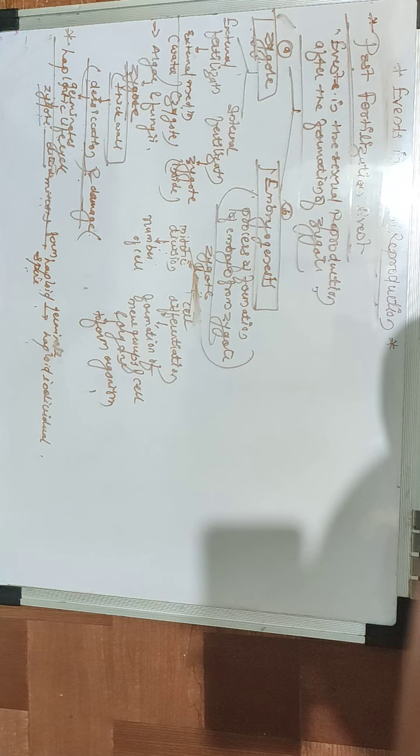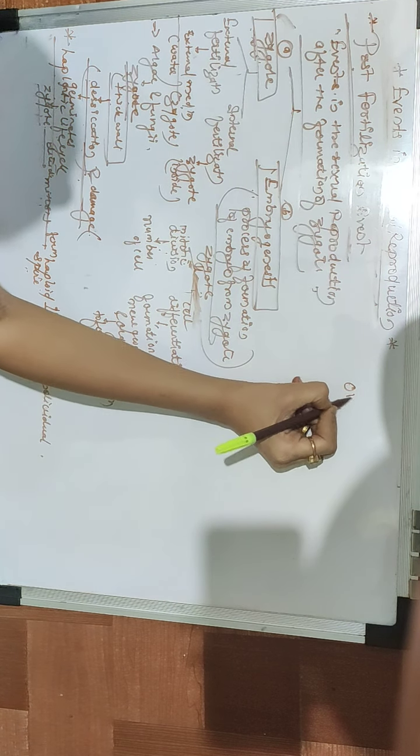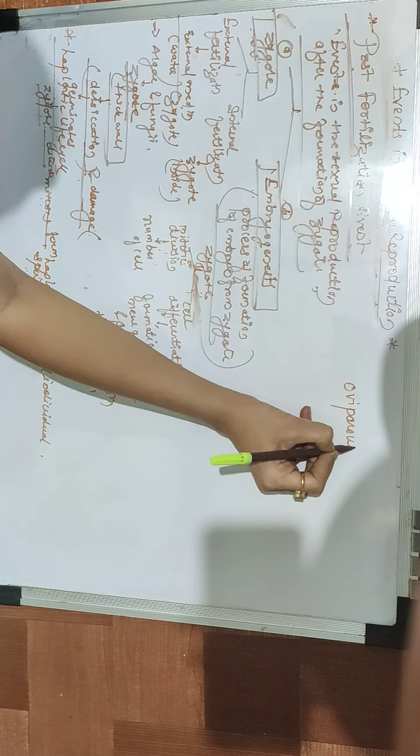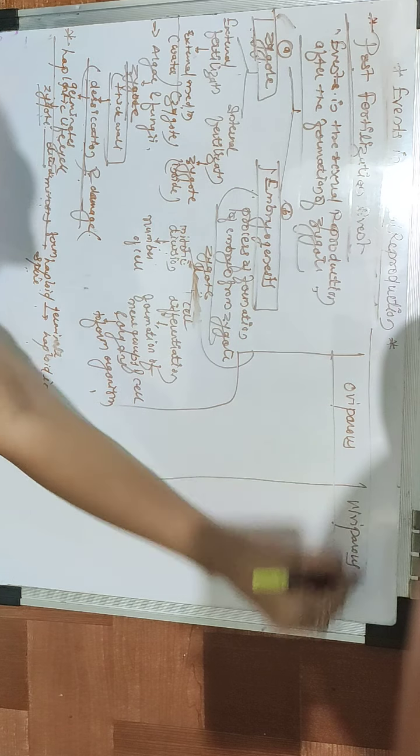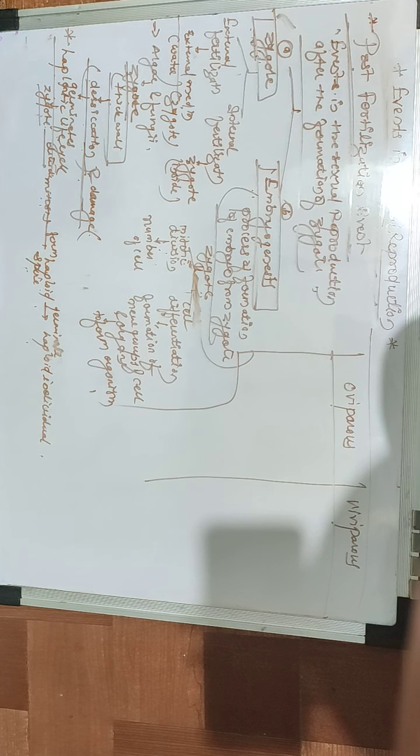Animals are categorized into oviparous and viviparous based on whether the development of the zygote takes place outside the body of the female parent or inside the body of the female parent.